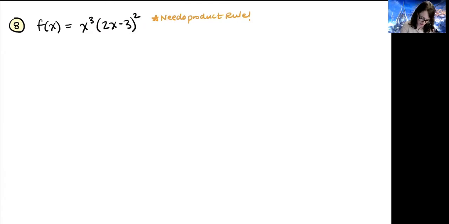So one way that we can write it is u times v derivative is u times v prime plus v times u prime. First times the derivative of the second plus second times the derivative of the first. I always say that in my head when I'm finding the derivative using the product rule. I think the words are more helpful than the symbols, but whatever makes it easy for you.